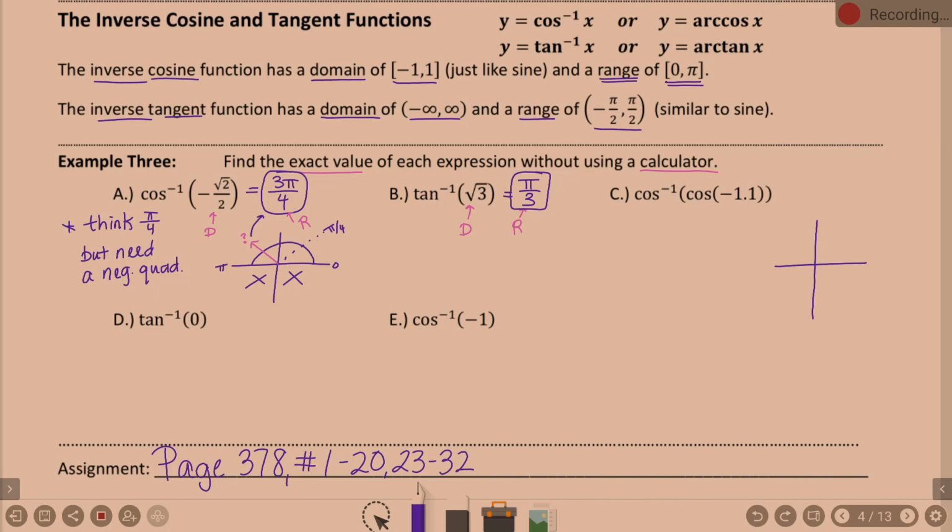Positive would be in the first quadrant, but negative 1.1 is going to be down here in quadrant 4. Well, here's the deal. This is a cosine inverse problem, folks. Where are cosine inverse answers allowed to be?